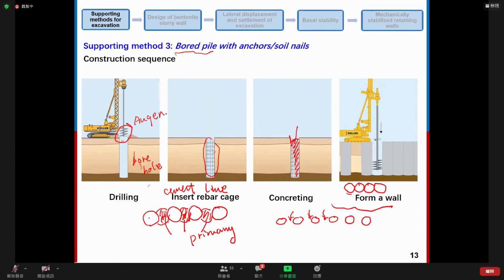And later we do the borehole here, here, here, and here. So this pile, we call it the secondary pile. For the secondary pile, it's required to put a rebar cage inside and do the concreting. Okay, so here we have a typical section for bored pile.